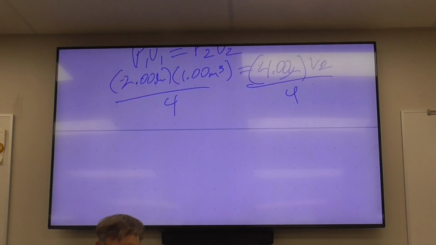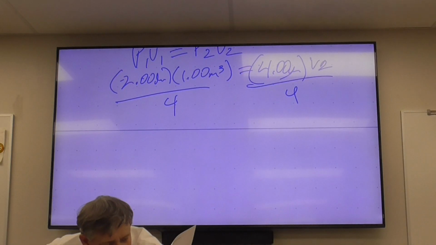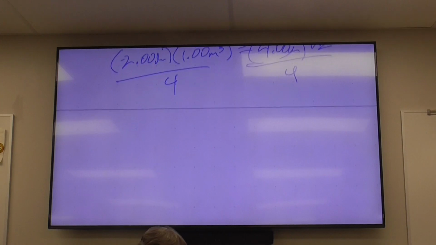Okay, all right. Now, on the bottom of this sheet, and I will give you these if you need them, you have these equations.